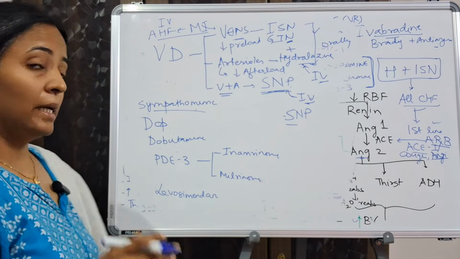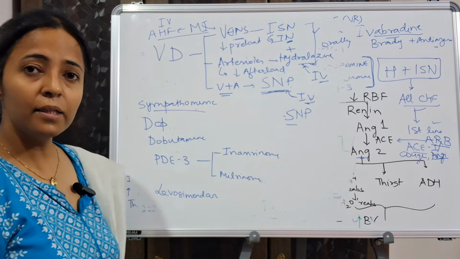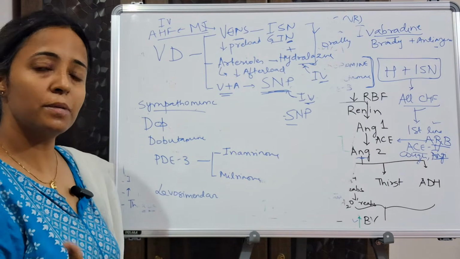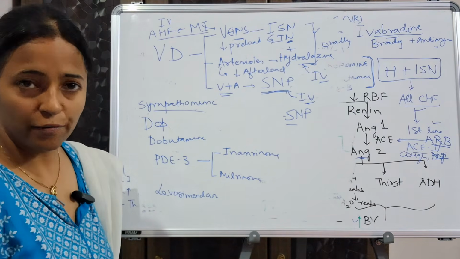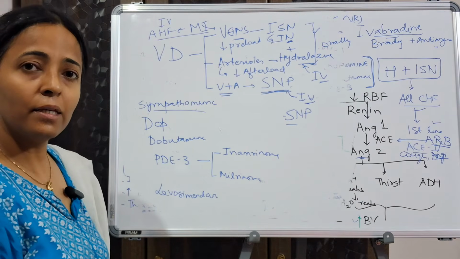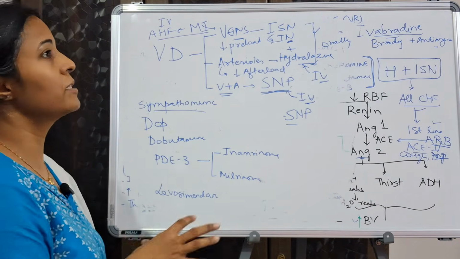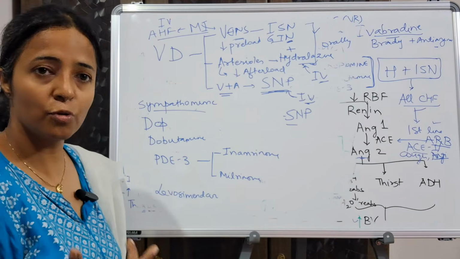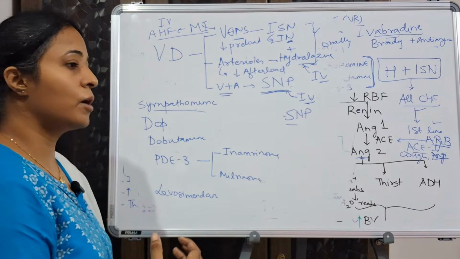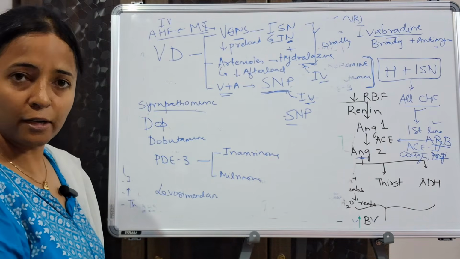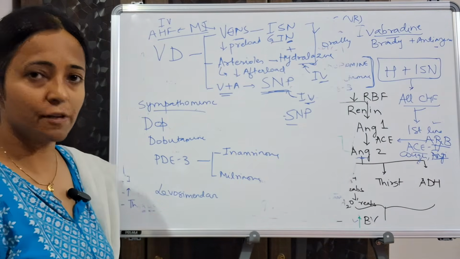Now, in heart failure, either it can be chronic heart failure, or there can be acute precipitation of the heart failure. Okay, so when there are decompensated changes in the heart failure, that means the compensatory changes going on in the body are not sufficient to maintain the cardiac output and congestive symptoms develop.